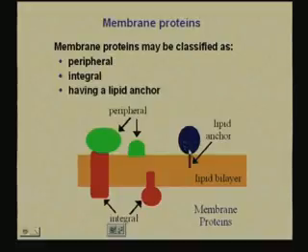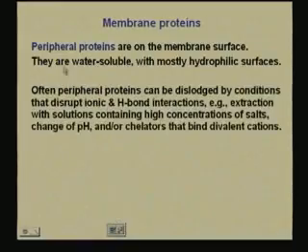The lipid anchor ones have a lipid chain attached to them, the lipid chain of which interacts with the hydrocarbon chains of the lipid fatty acids. Okay? So, these are the three types of membrane proteins that you can have, and we will see the properties of the membrane proteins. The peripheral proteins are on the membrane surface.